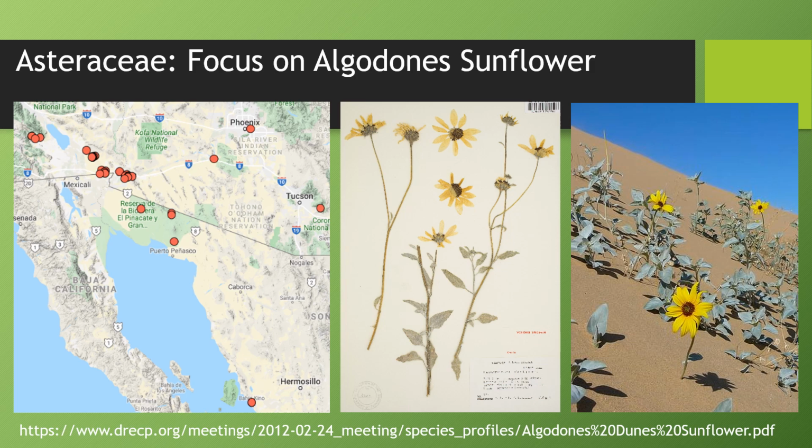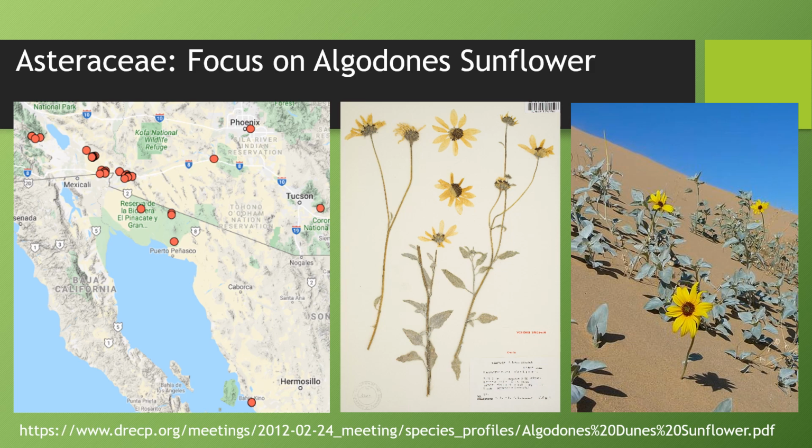At that time the scientific name was Helianthus tephrodes. Now it's considered to be Helianthus niveus tephrodes, so it's a subspecies. And in California, it's on the state endangered species list.